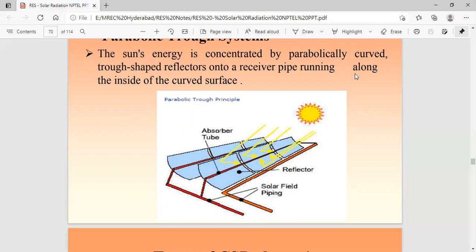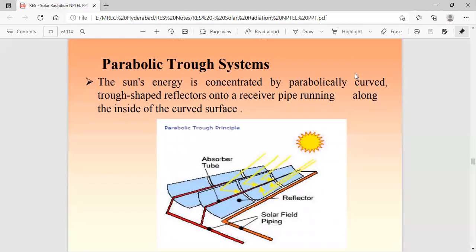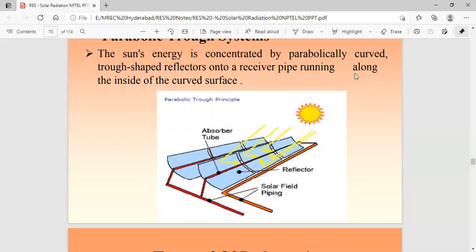This is a diagram of a parabolic trough system. Here the reflectors are in a parabolic shape. So it will convert the solar energy into heat energy that will be transmitted through the solar field piping.